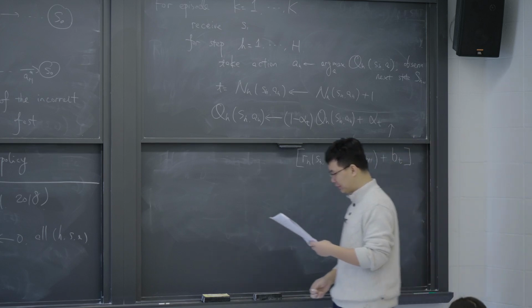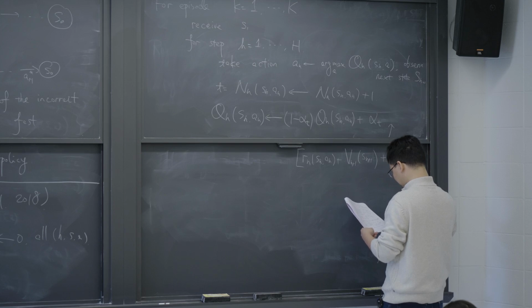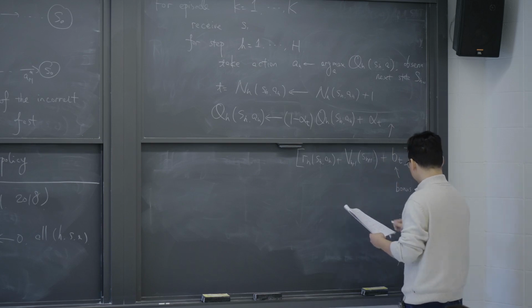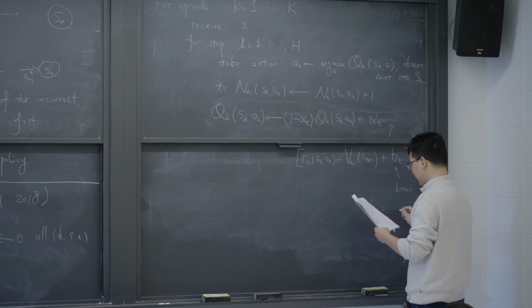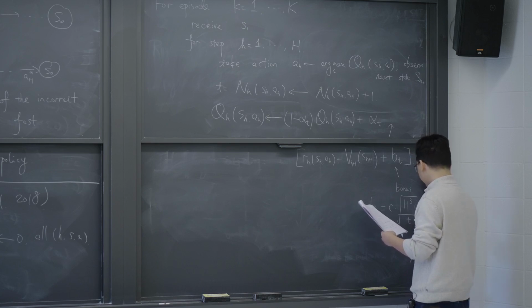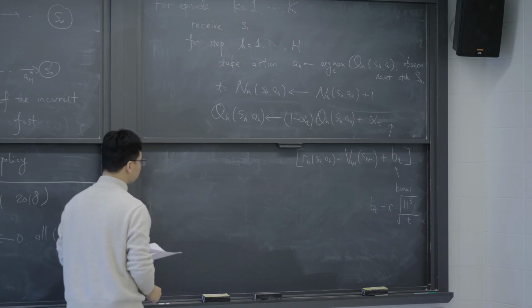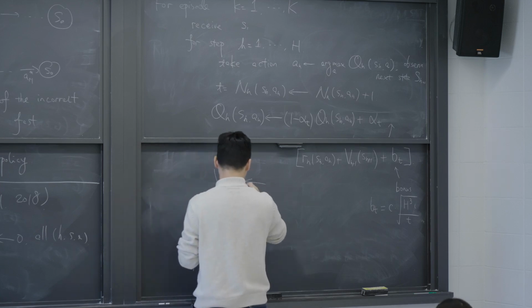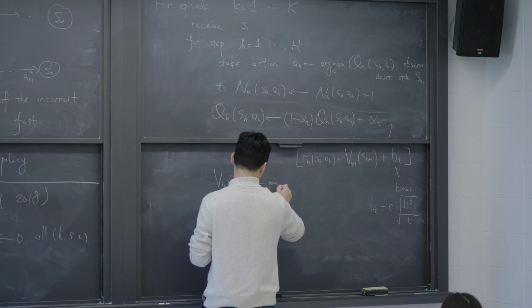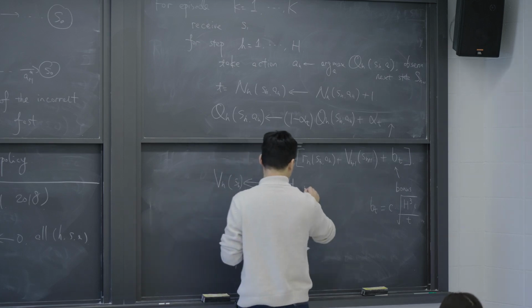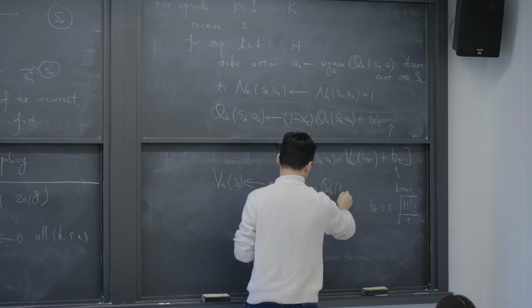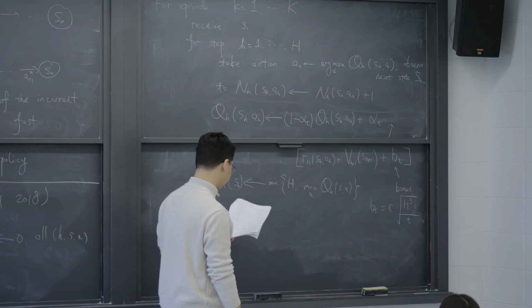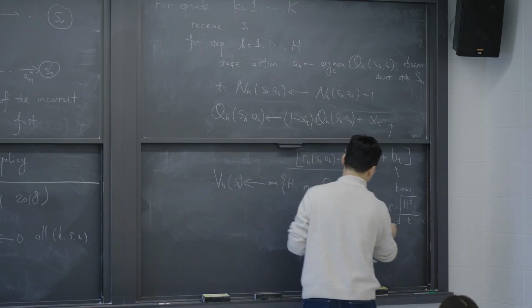Again, we just add in this bonus. We choose the bonus equal to c times the square root of H cubed iota over t, with slightly worse dependence on H. And then we set the V value equal to the max of the Q value, truncated at H. That's it.